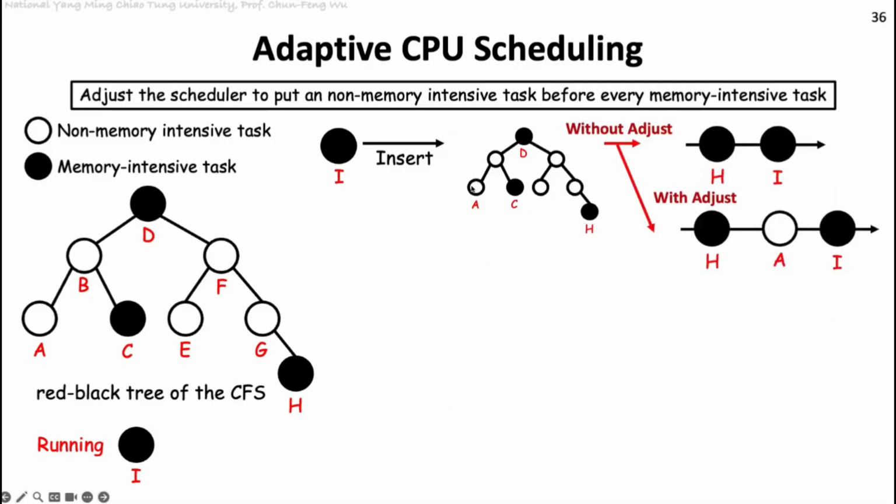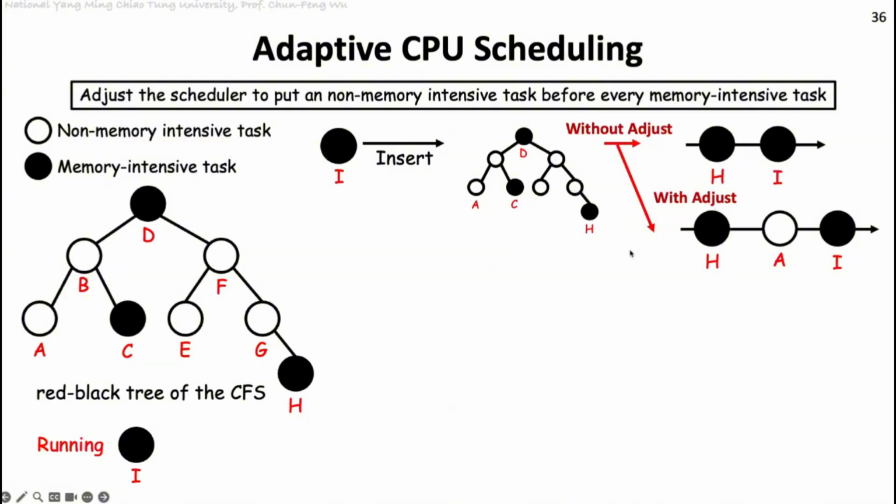Because the processes on the left-hand side need the CPU more, and usually a memory intensive task is not that high priority. So usually it will be at the tail of the tree. Okay, so this is the traditional way without adjustment. With adjustment, we will insert I after one non-memory intensive task. So you can see it would be like this: H, A, I.